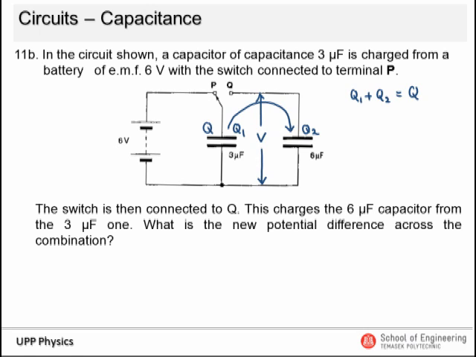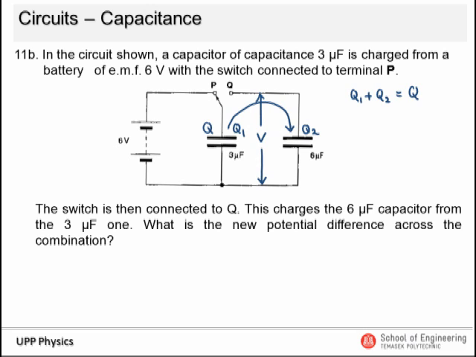Now, this new potential difference is definitely not equal to 6 volts because 6 volts was originally maintained across the 3 microfarad capacitor when it is storing a charge Q. Now, when part of the charges has already been transferred to the 6 microfarad capacitor, there is no longer charge Q, the original amount of charge, remaining on the 3 microfarad capacitor.